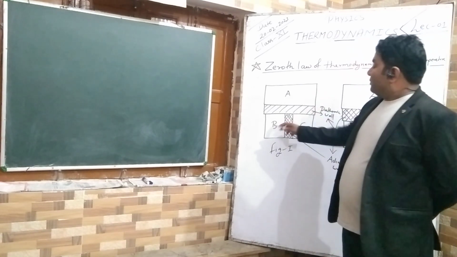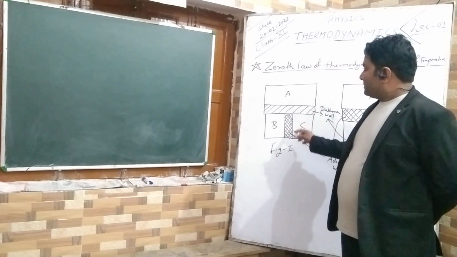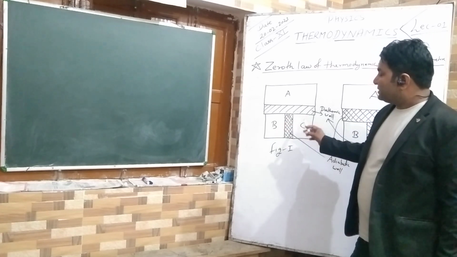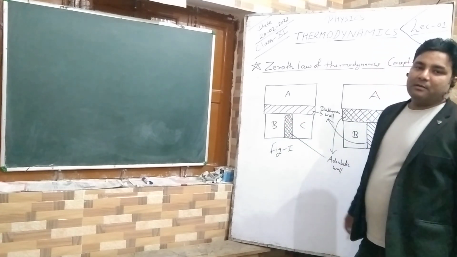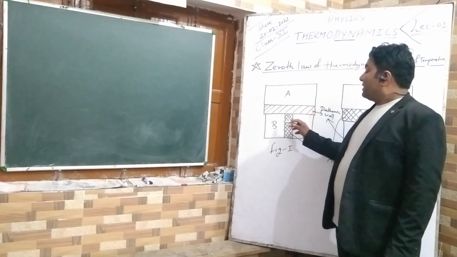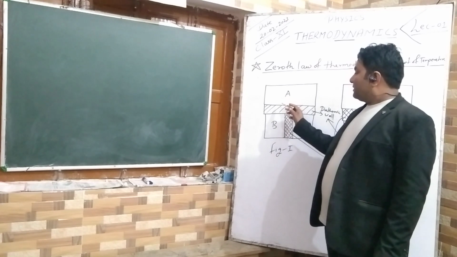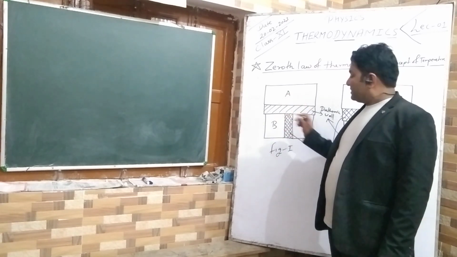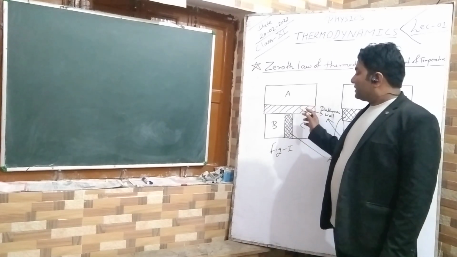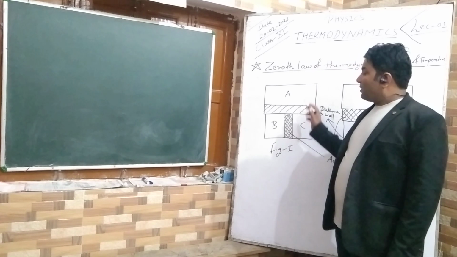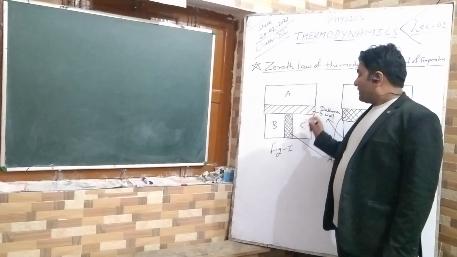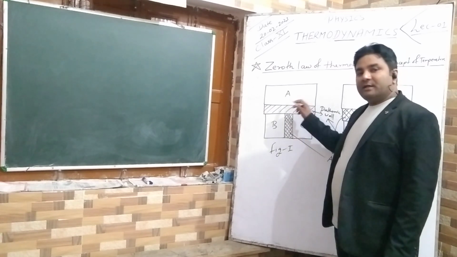Here two bodies B and C are separated from each other through an adiabatic wall. It means there is no chance of heat transferring from B to C or C to B through this wall. Clear? But with the help of the diathermic wall, heat transfers from B to A and also from A to B, and same for C. It means heat transfer is allowed from either B to A or A to B, and further from C to A or A to C.